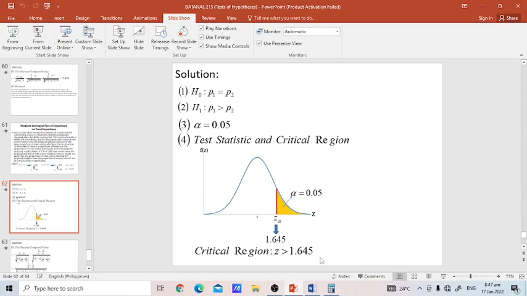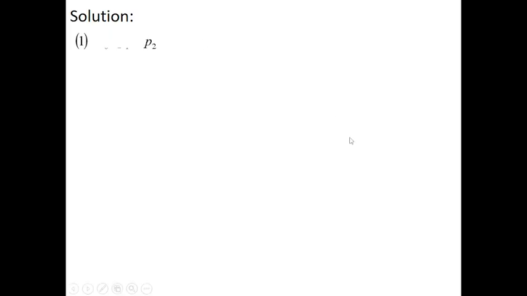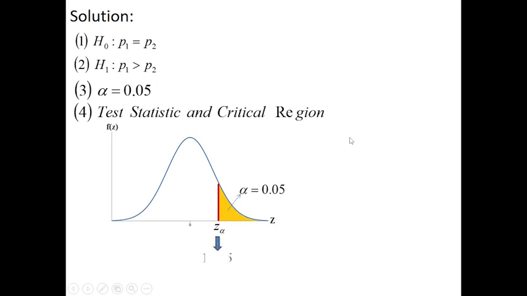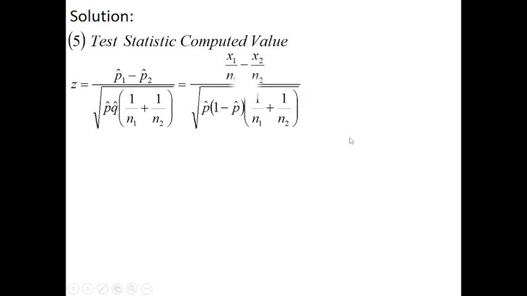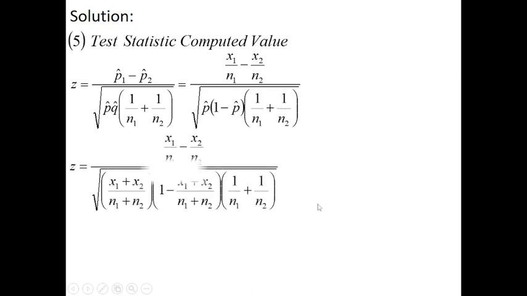Okay? So, this is now the critical region: Z greater than 1.645. And then we have here the test statistic computed value. This is our formula that I showed earlier: x sub 1 over n sub 1 minus x sub 2 over n sub 2, all over the square root of p hat times 1 minus p hat, multiplied by 1 over n sub 1 plus 1 over n sub 2.